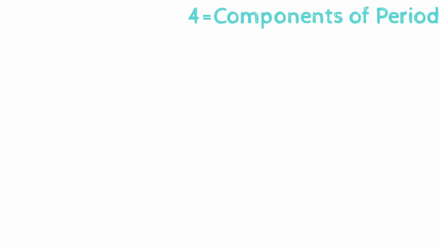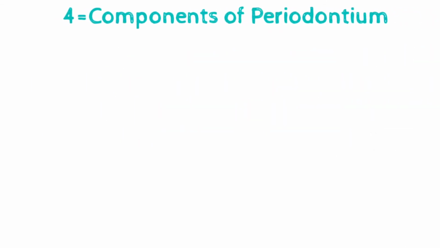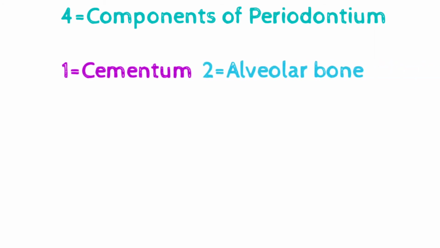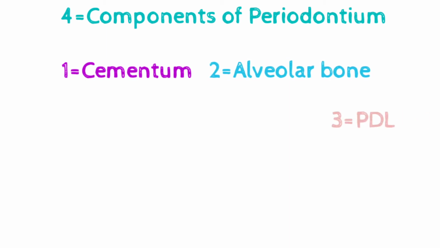Now after definition, come to the components of periodontium. There are 4 components of periodontium. Number 1 is the cementum. Second is the alveolar bone, also known as alveolar process.